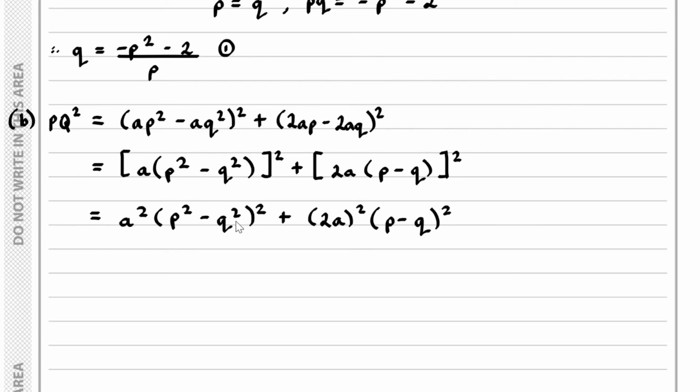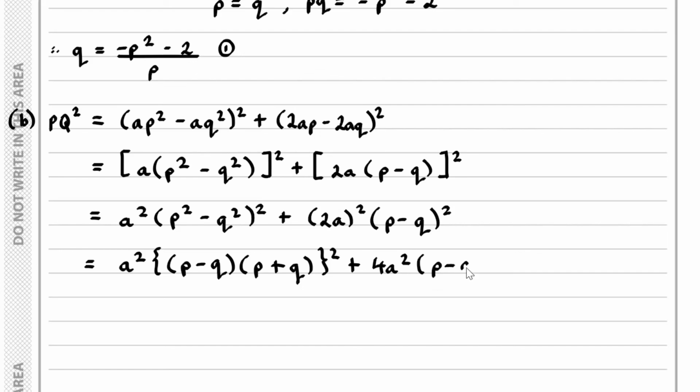And recognizing that the bracket over here can be written as a difference of two squares, we have a squared, lots of p minus q, lots of p plus q squared, plus 4a squared, lots of p minus q all squared.